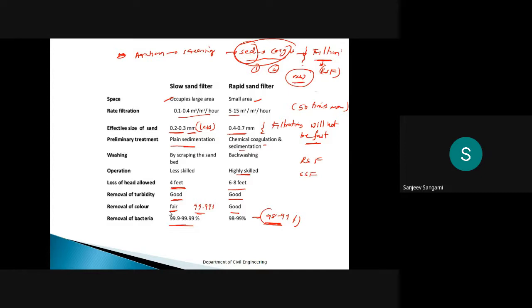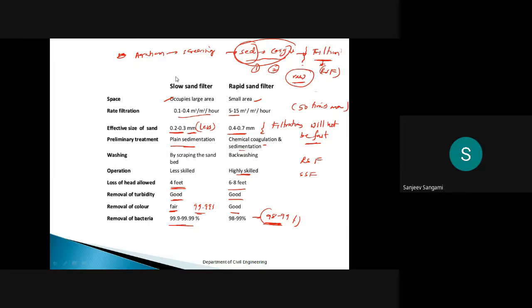In the previous class, we were discussing the slow sand filtration process and the rapid sand filtration process, and what differences there are between them.